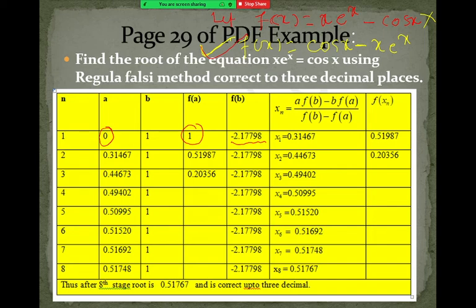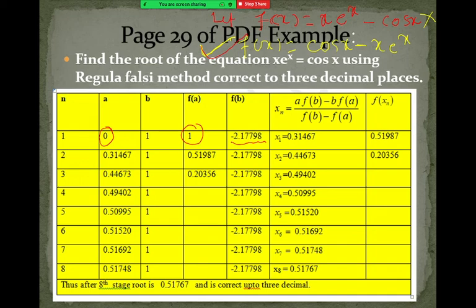You will get the answer as minus 2.17799. Is everyone getting this value? Yes, sir.